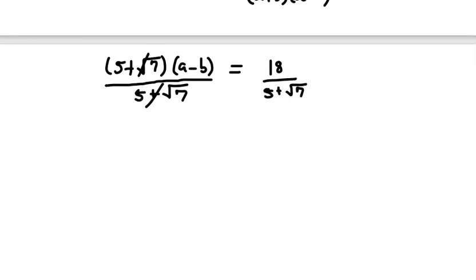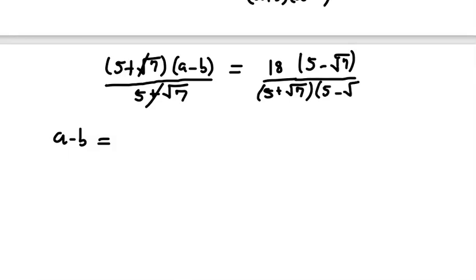So from here we get A minus B is equal to, now we can rationalize. So multiply by the conjugate of the denominator, which is 5 minus root 7, and multiply here also by the conjugate 5 minus root 7. So this will be equal to 18 into bracket 5 minus root 7, divided by, so here we apply the difference of two squares, right?